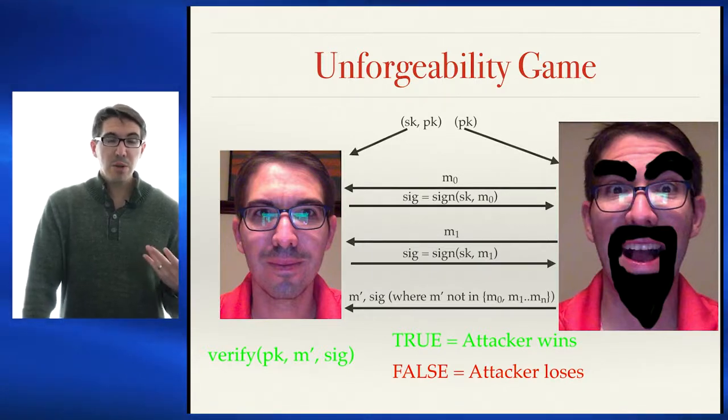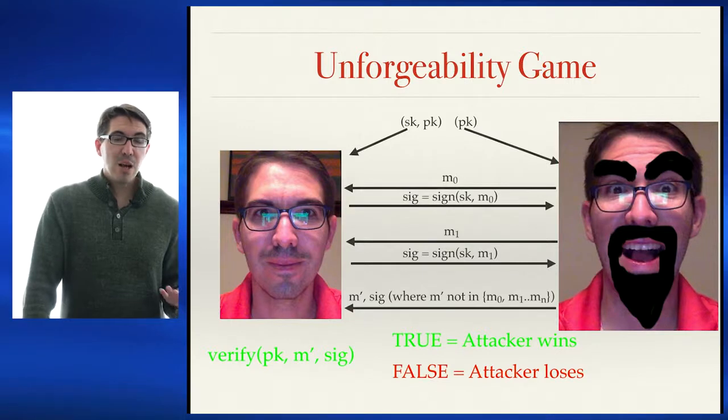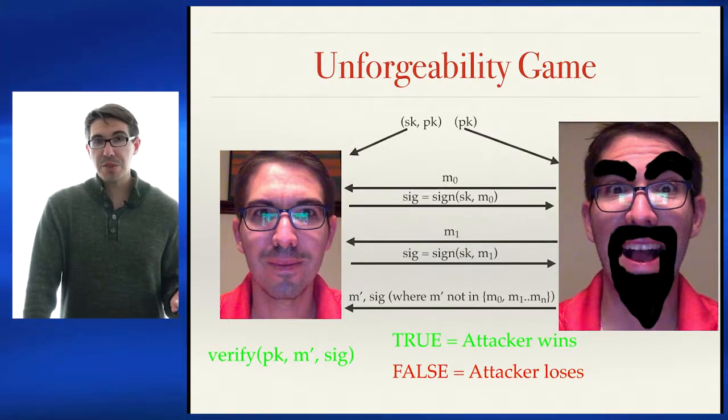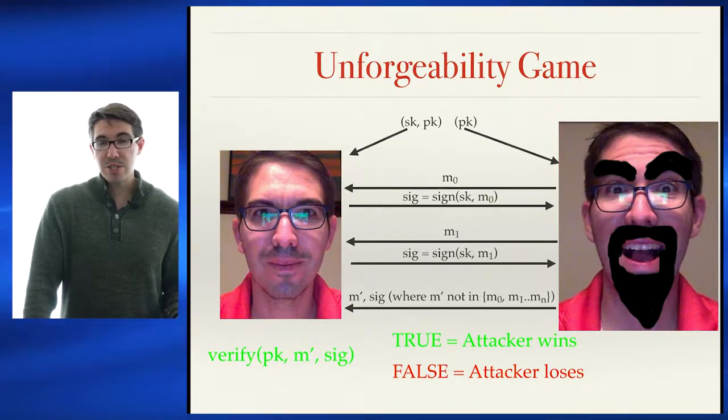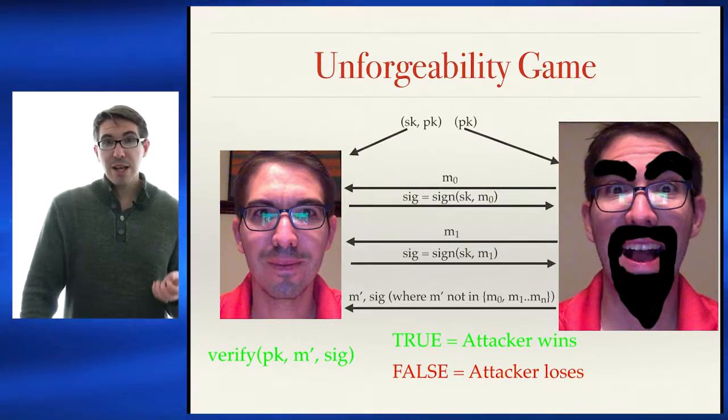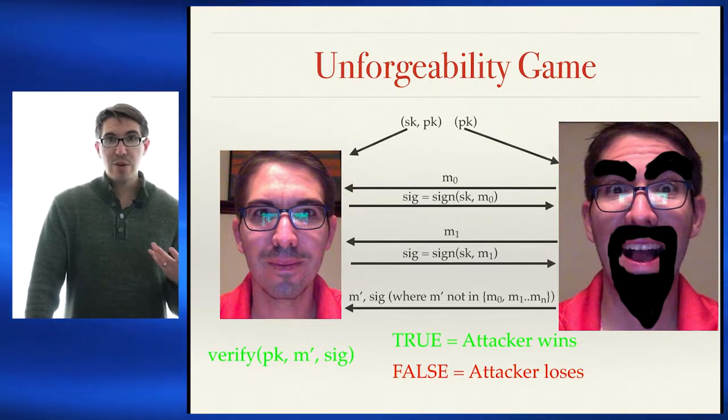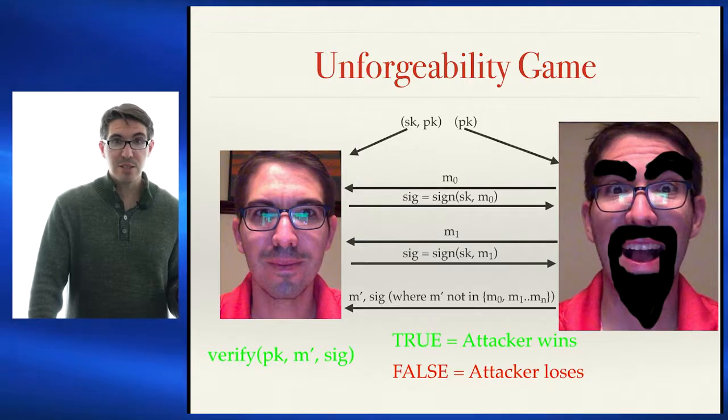And so people are going to be able to get a wide variety of messages and see what their signatures are. So what we want to prove in this unforgeability game is that even if you have a large number of these messages and see their signatures, unless you know the secret key, you will not be able to imitate the person who originally signed these documents.